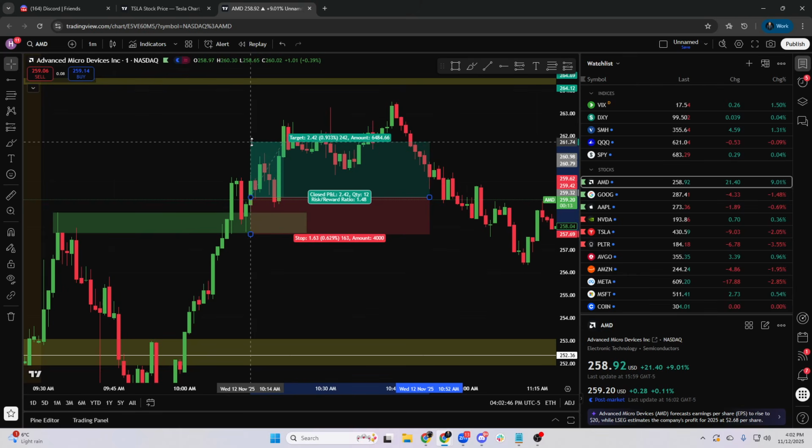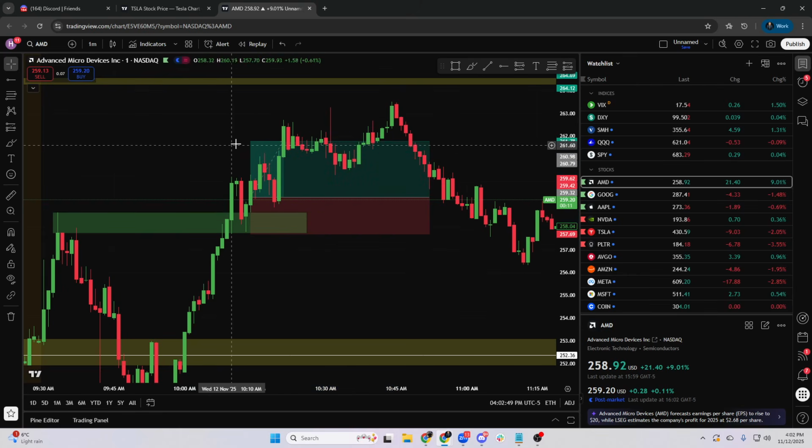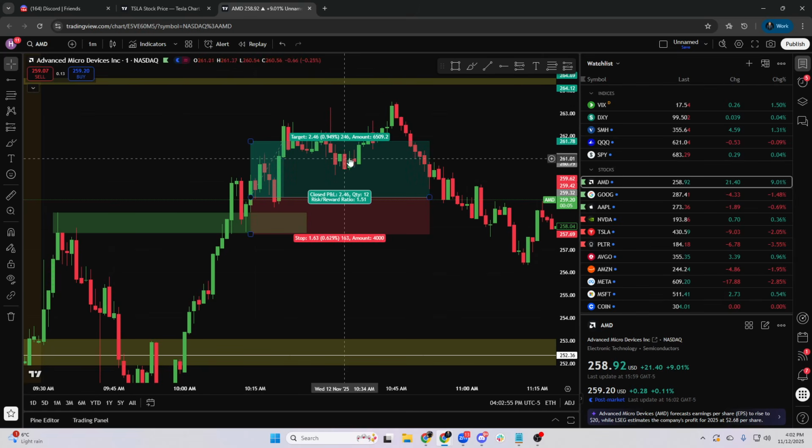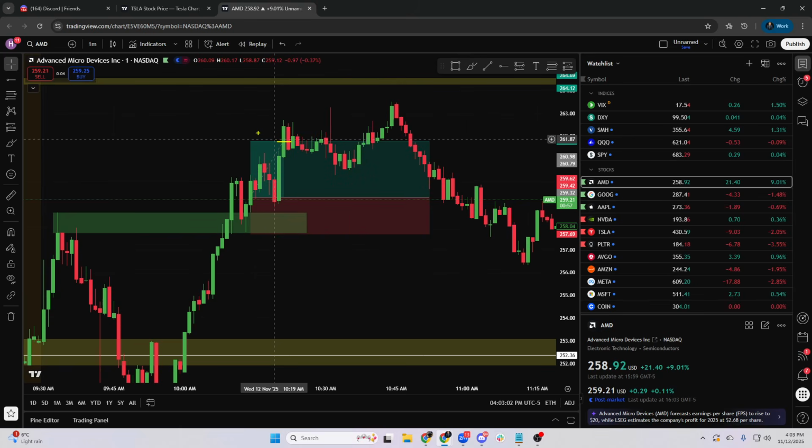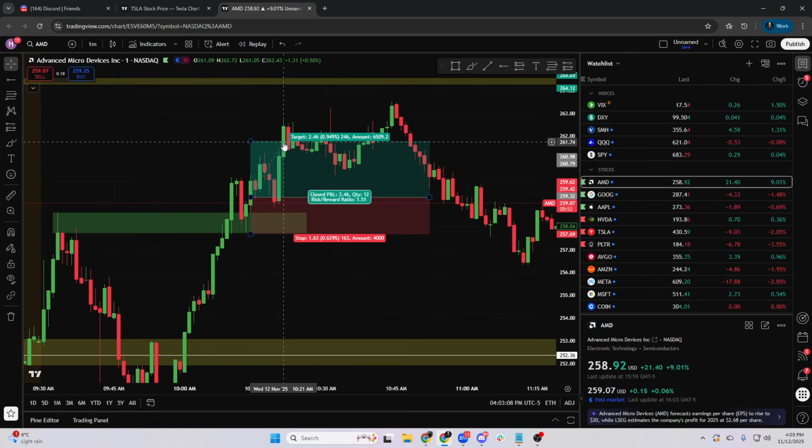So I just took my first scale at 1.5 R. If you guys know me, you guys have been in my coaching sessions, 1.5 is a minimum for me to keep my win rate and my risk to reward to make sense, to be profitable. After that, I took one scale. I took 70% today. Generally speaking, I think a little bit less than that is ideal, 60-ish. More than half your position for sure still.